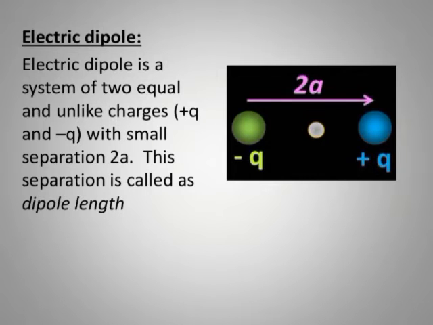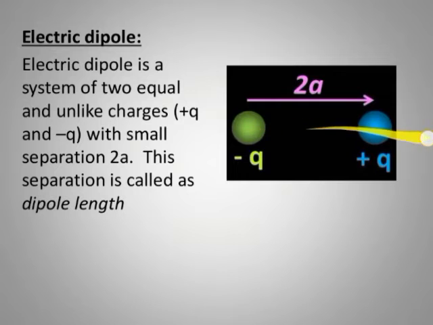If I consider the midpoint of these two, from your first PUC concept, you might have studied that two equal and opposite charges exert force on each other at the center of mass. From the center to one charge the distance is a, and from the center to the other charge the distance is a. So a plus a is 2a.